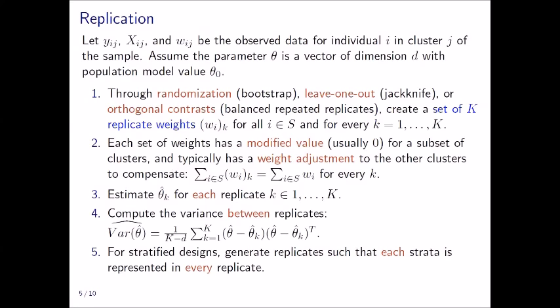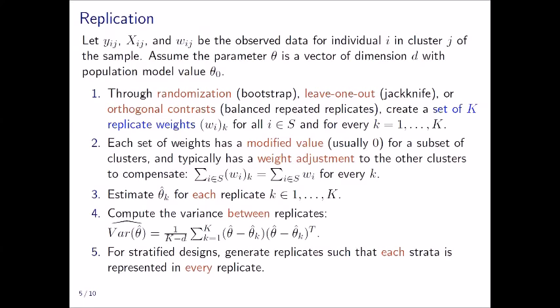Alternatively, we can come up with a set of replicate weights. We can create them either through randomization, bootstraps, leave one out, or some design-based orthogonal contrast. They basically do similar things. There's trade-offs. For this talk, we don't really need to worry about that. What you get is K sets of weights. So say you have 100 replicate weights. For each weight, some of the clusters have a weight of 0. So it's kind of a leave one out strategy.